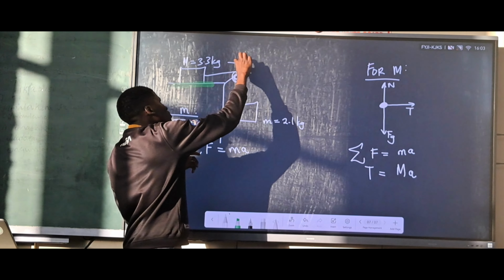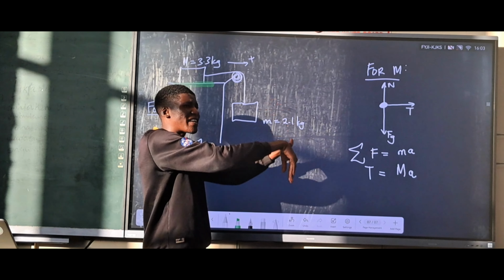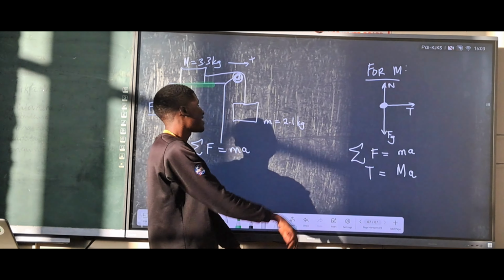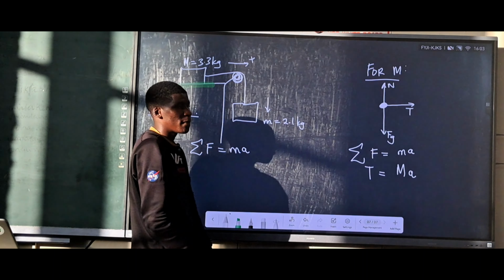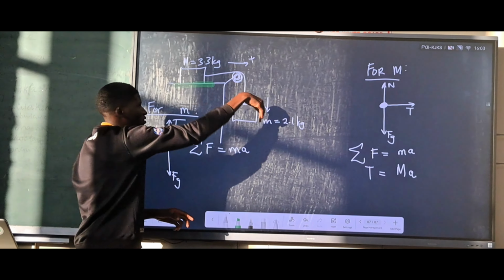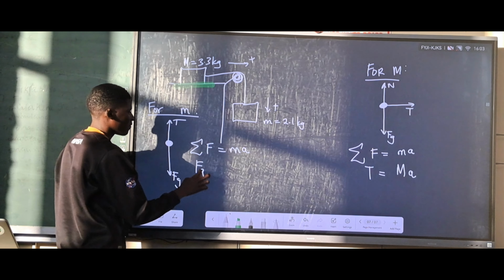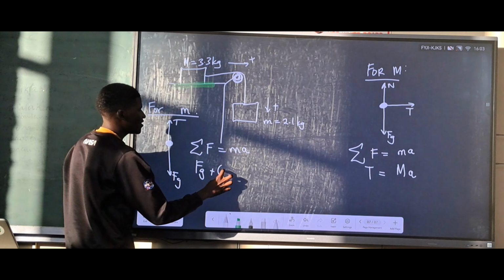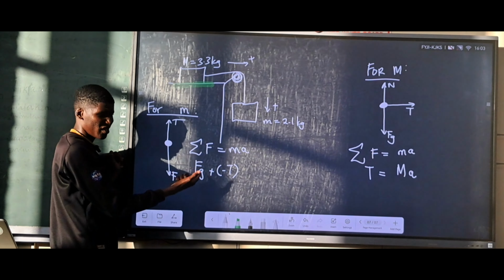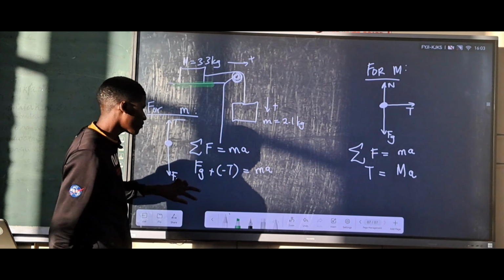So as right is positive, the movement to the right is favoring this one to slide down, to fall down. So these are all positive directions. Fg there is positive, but tension there is negative. This is the sum, equal to m times acceleration.